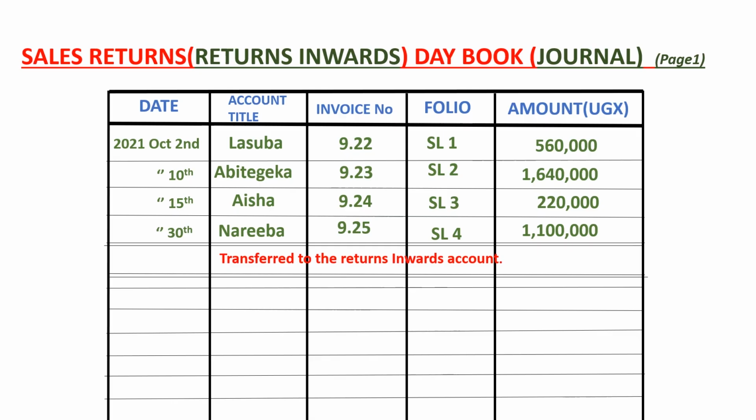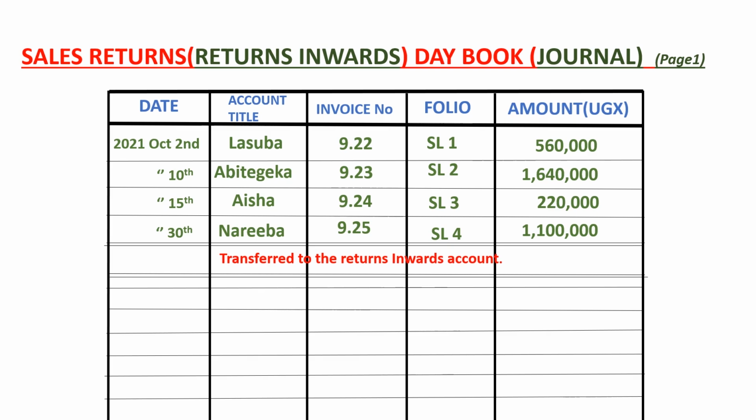So when we made that credit note, this becomes the basis or the source document for filling this sales returns debtbook, or call it the sales returns journal. So after crediting these respective accounts in the sales ledger, we are supposed to go ahead and complete the double entry. If we've been crediting these accounts, it means we are going to complete the double entry by debiting what we call the sales returns account, or the returns inwards account.